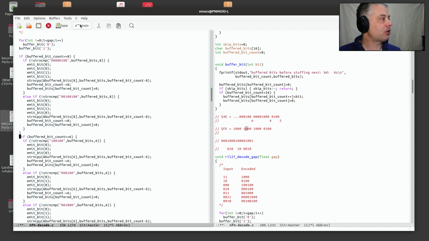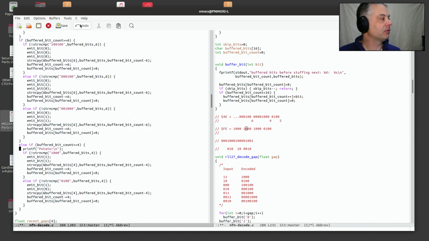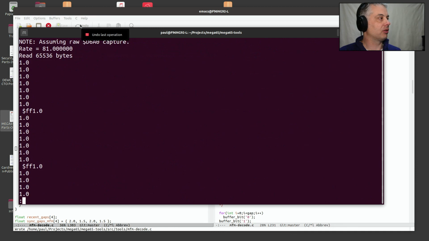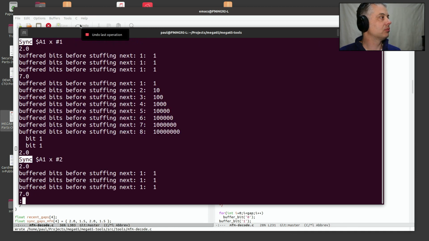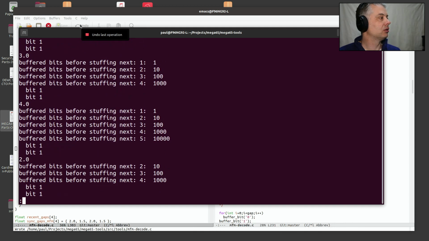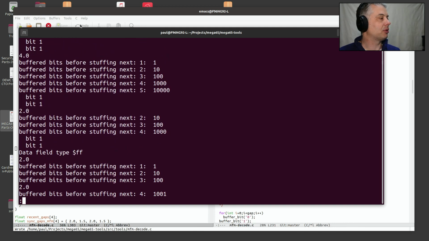So we actually can just do if, because we're trimming off the other bits first, we should be fine to do that. Data byte FF.